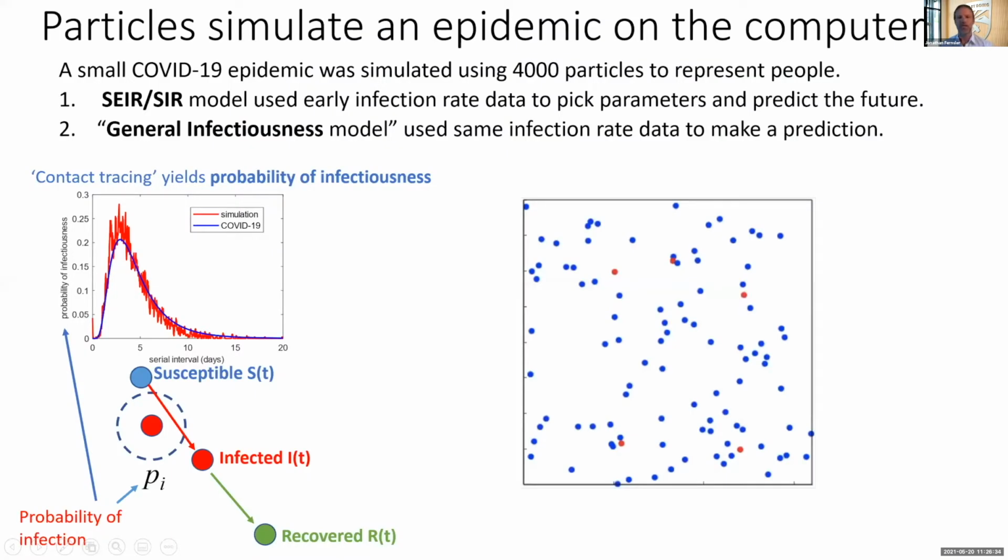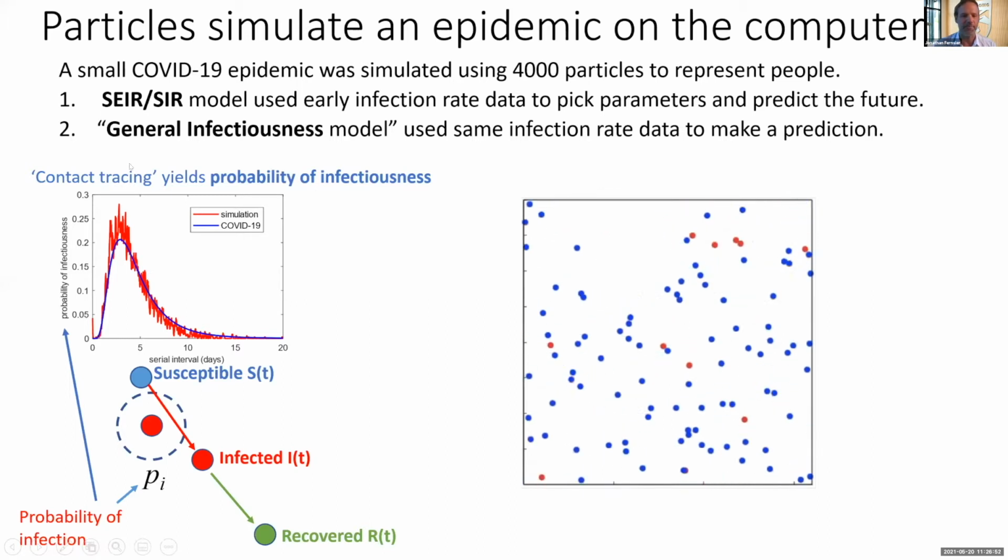So what we did was to simulate epidemics using particles, where each particle represents a person. And we can classify those people's relationship to the disease as people who are susceptible to the disease. And he'll run our little simulation here.